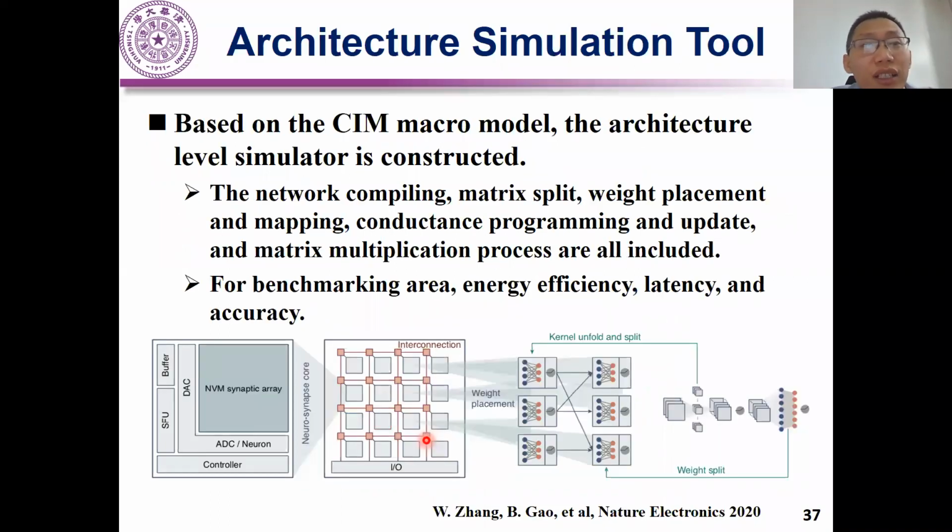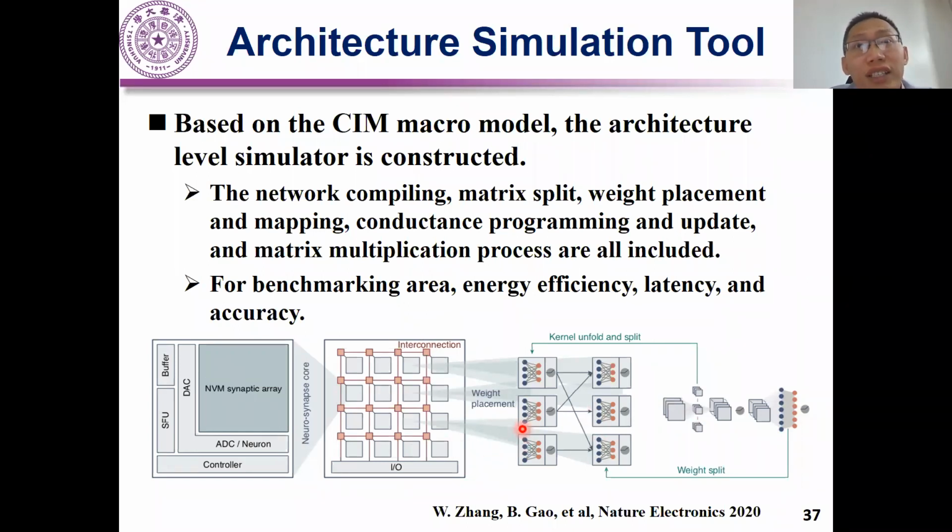And then we further develop a cross-layer simulation tool. This is an end-to-end simulator from the algorithm level to the basic device and micro circuit level. The network compiling, matrix split, weight placement, weight mapping, weight programming, and the matrix multiplication process are all included.